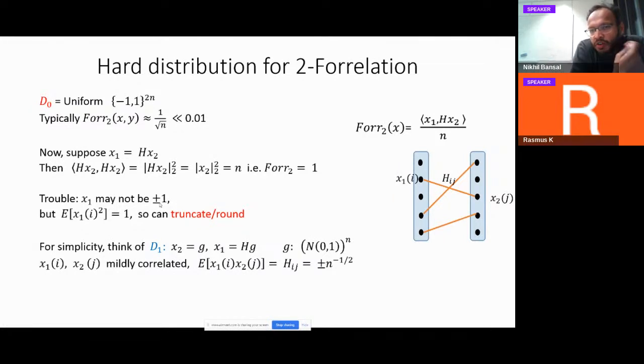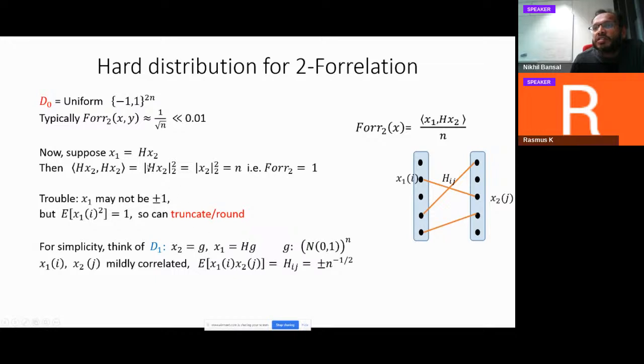The point is it morally still retains the flavor, because in expectation it's still this value h of x2. One can play such tricks and get back to the -1, +1 world, but we won't worry about this.